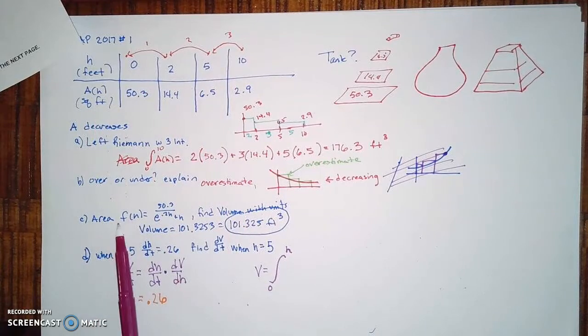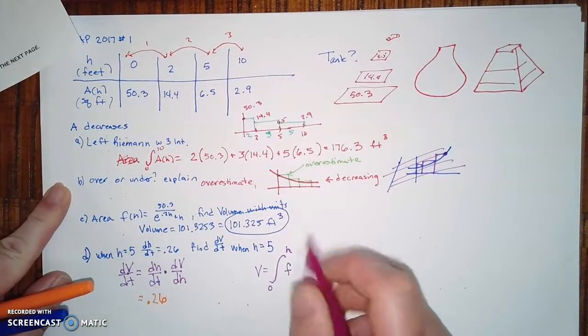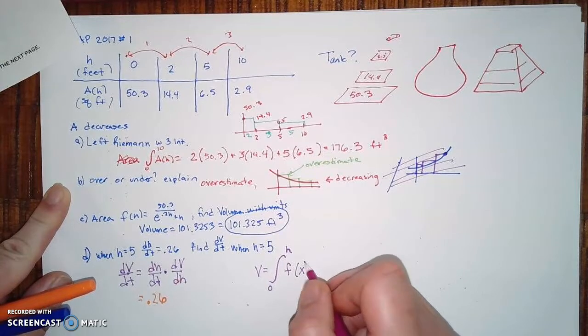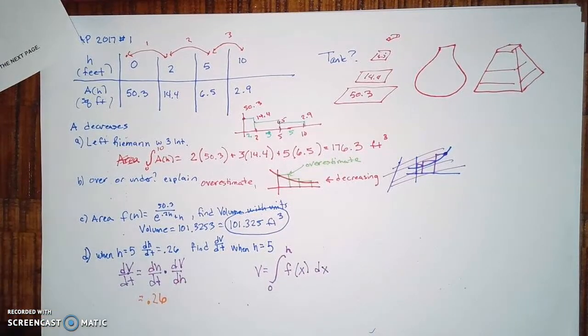Later on, they gave me an equation that gave me area based on height. That means that the volume would also be based on height of that function beforehand, the integral of A(x) dx. And if I wanted to know what dV/dH was, I would take the derivative.